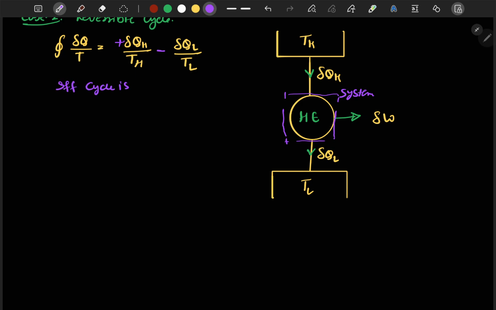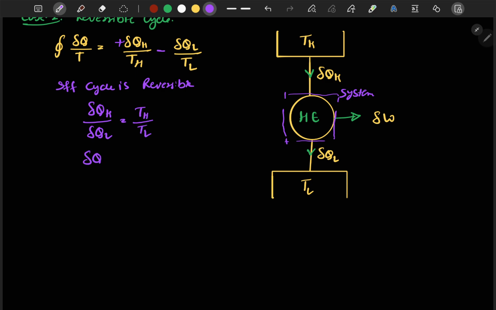So what will happen if the cycle is reversible? Then we can write del QH by del QL is equal to TH by TL.